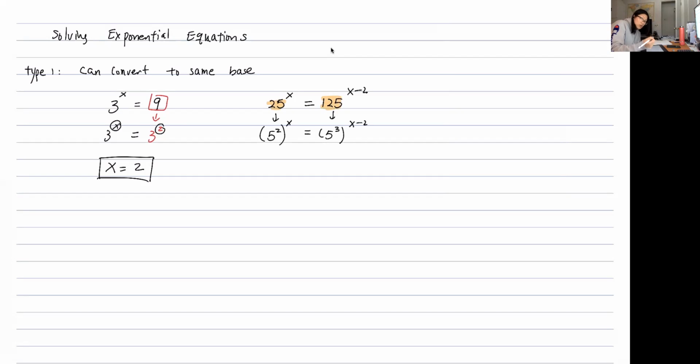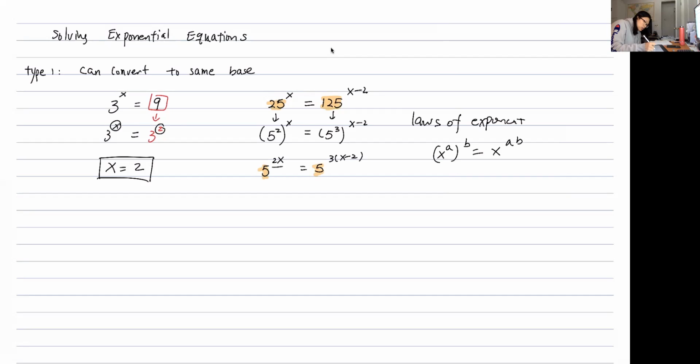By using the laws of exponent, if we have x to the a to the b's power, that will equal to x to the a times b. So in this case, we're going to have 5 to the 2x will equal to 5 to the 3 times x minus 2. The base is the same, 5, and then the power will equal to each other.